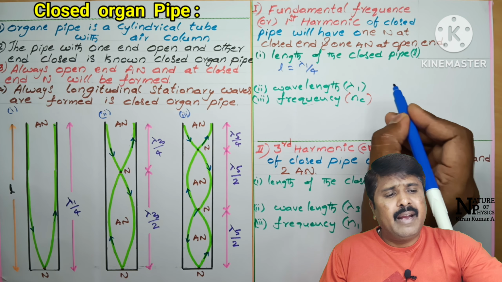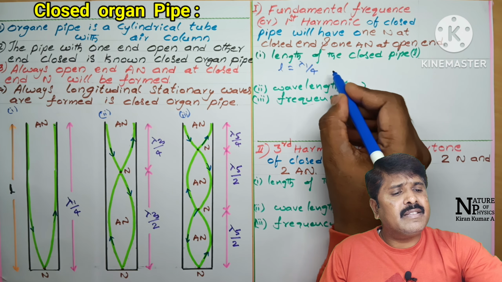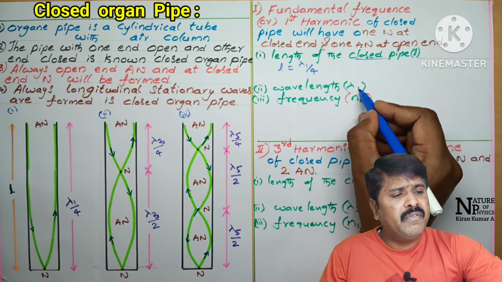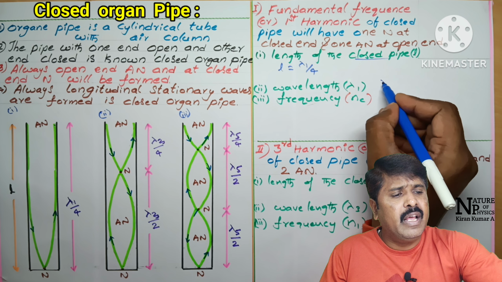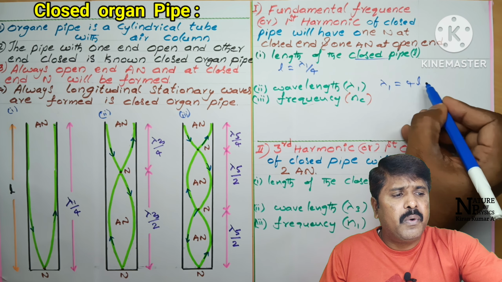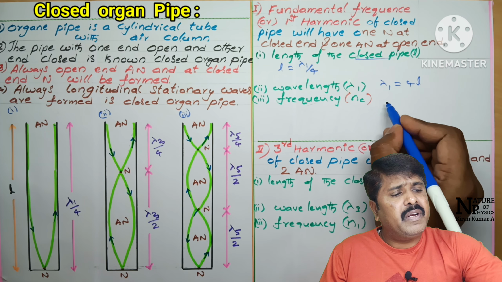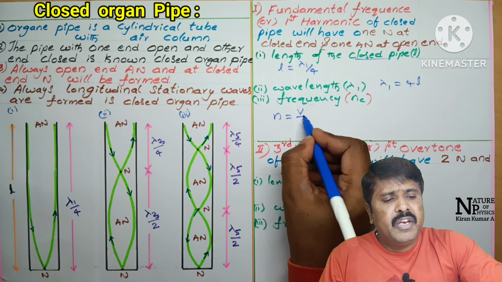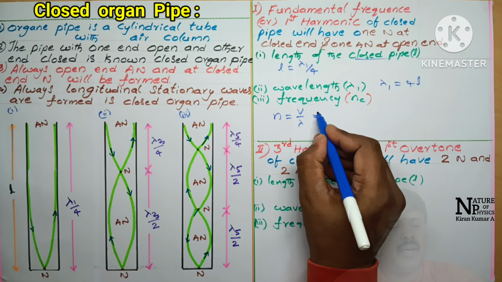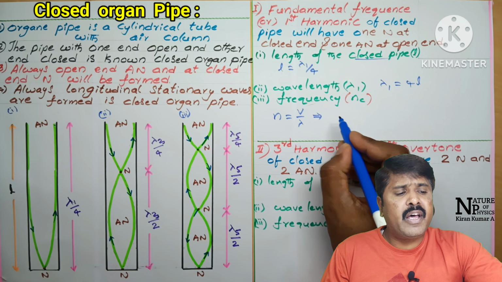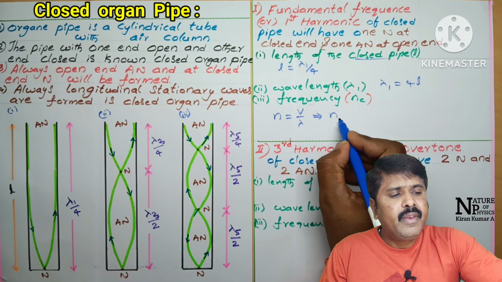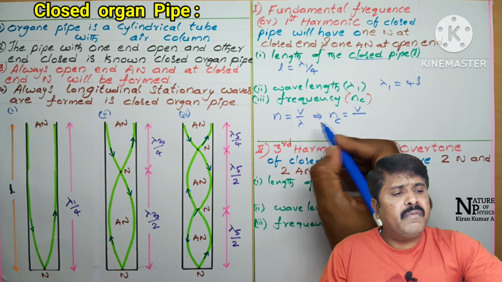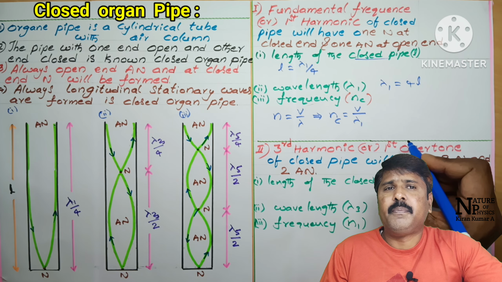Then, the wavelength based on the length of the closed pipe: by cross multiplication, lambda 1 is equal to 4L. Then the frequency, by the basic formula n is equal to v divided by lambda. For the closed organ pipe, writing Nc is equal to v divided by wavelength, we are considering lambda 1.